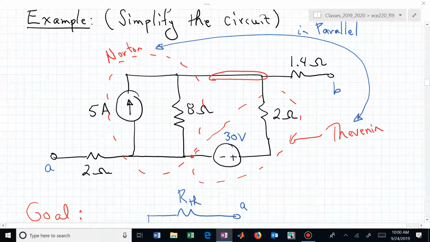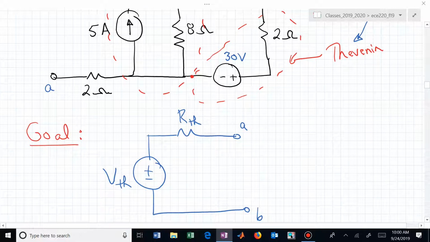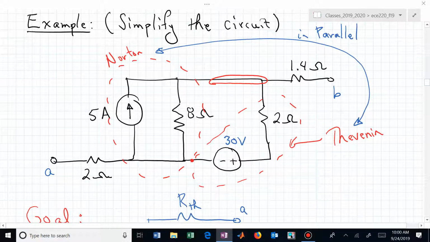We're trying to get to this. That's our goal. We would like to boil it down to just a source in series with a resistor. Now we have a Thevenin and a Norton source, two of those in parallel. If we have things in parallel, how could we combine them? What kind of sources would we need? Wouldn't we need consistency? We would need either two Thevenins or two Nortons.